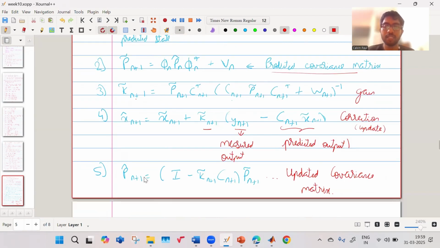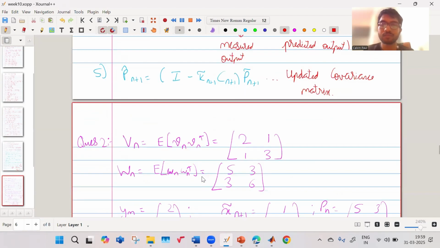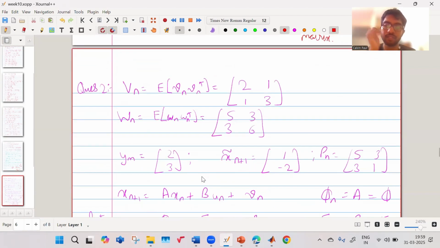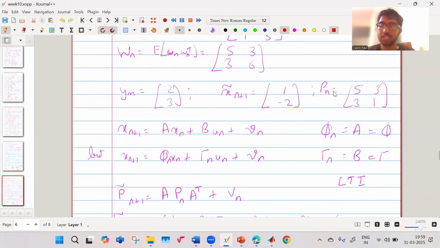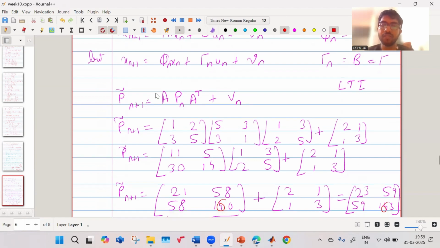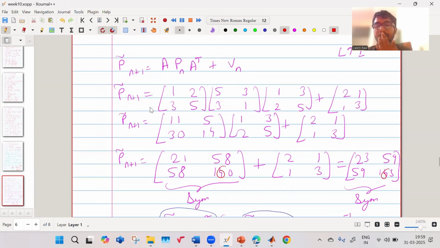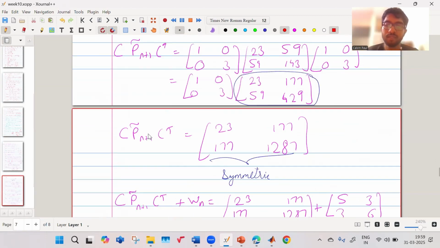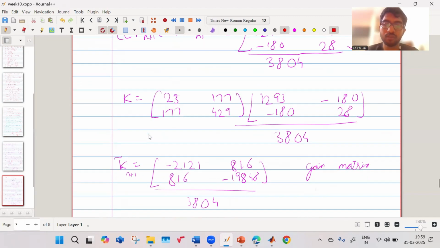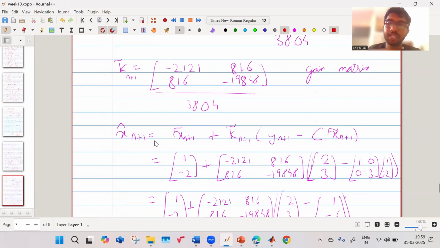And then we updated the covariance matrix. We did a sum where we considered Vn, omega n, the measured output, the predicted state, and the covariance matrix. We found the predicted covariance matrix, then the gain K, and from that the updated state, which is required for our calculations.